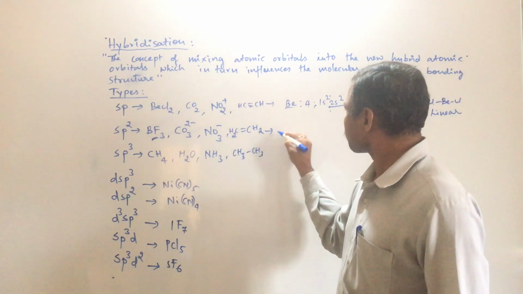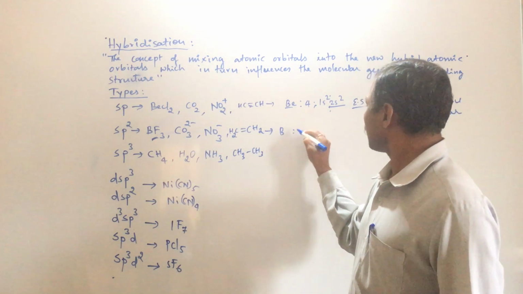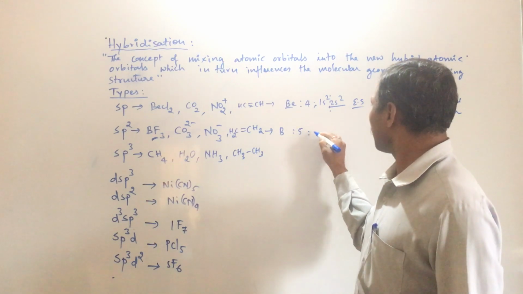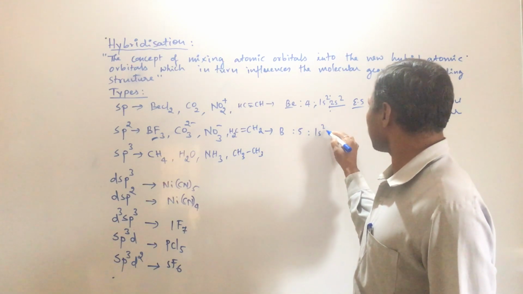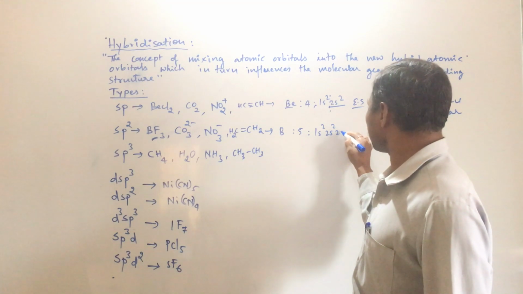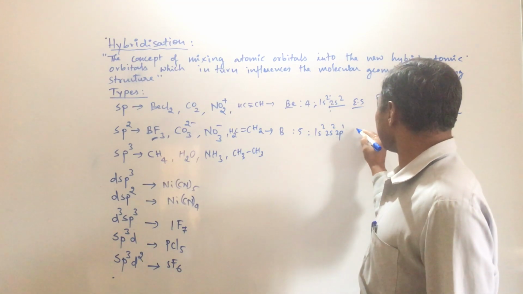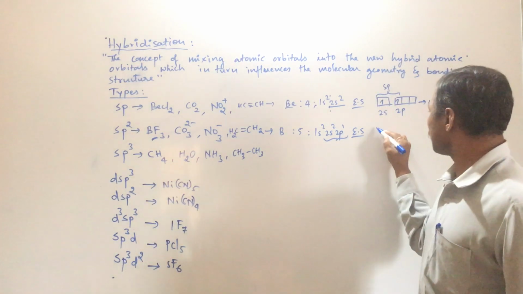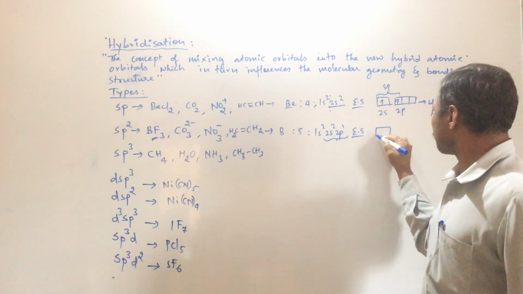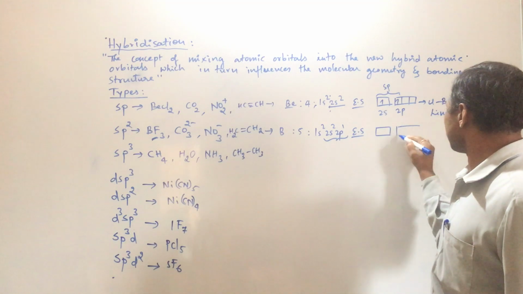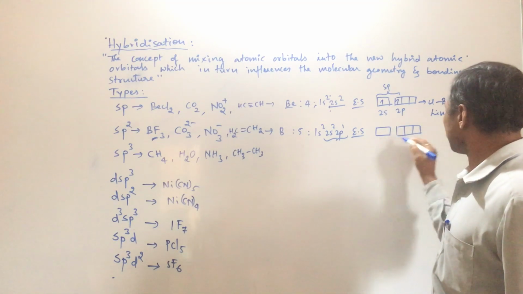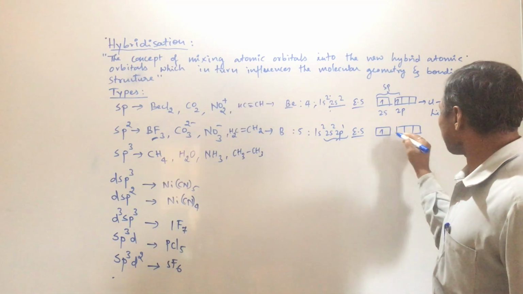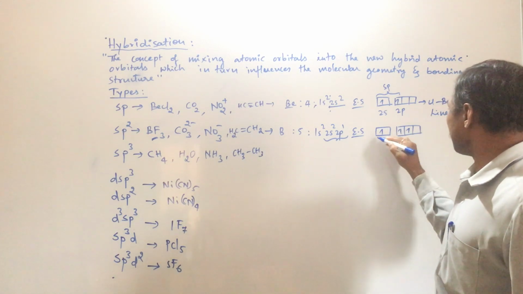The second one is boron, where the atomic number is 5 and the electronic configuration is 1s2 2s2 2p1. In the excited state, the valence shell electrons will shift from the s orbital into the 2p orbital.